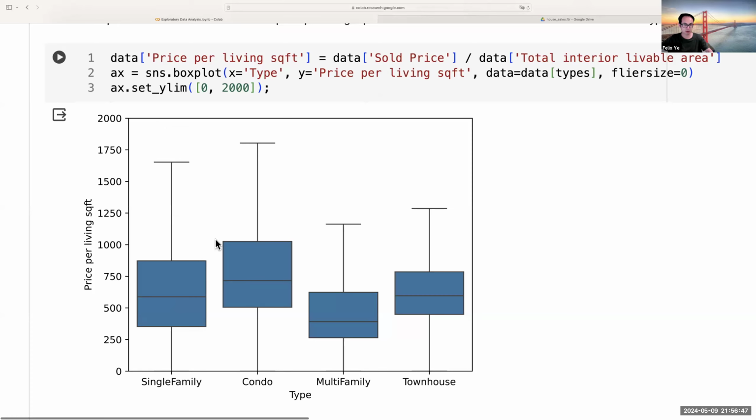Obviously the condo has slightly higher price per living square foot, which is quite reasonable because condos are usually more expensive per square foot. On the other hand, the multifamily is the cheapest, right? So this gives you some distinction between the condos and the multifamilies. And single family is right in the middle.